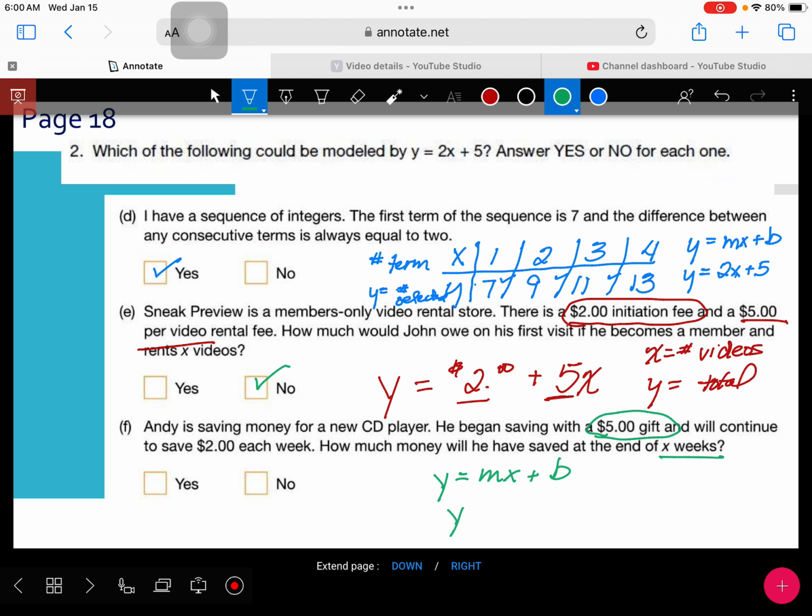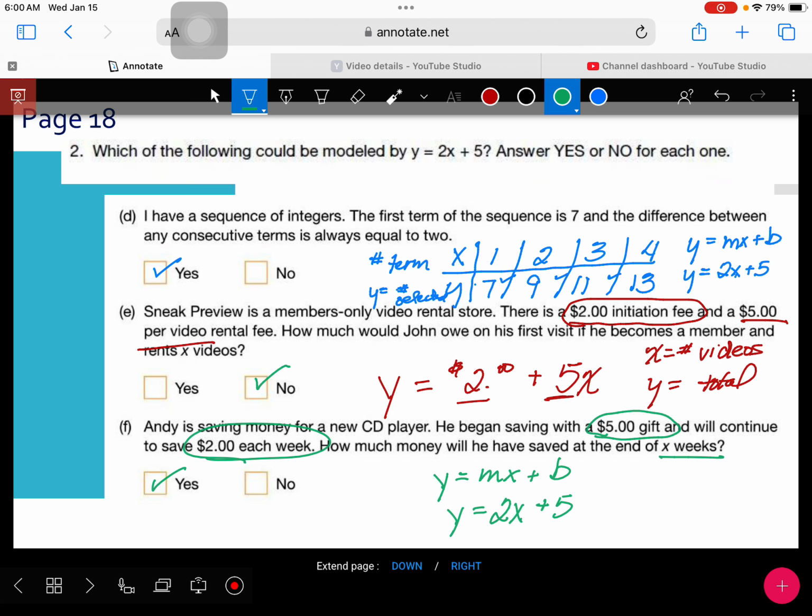And so y is equal to, he's going to save $2 each week. So when you're putting in the slope, that's happening repetitively. So my slope here is 2. He's increasing that amount that he's putting away for X number of weeks. Plus he started out with an initial $5. That definitely looks like a yes.